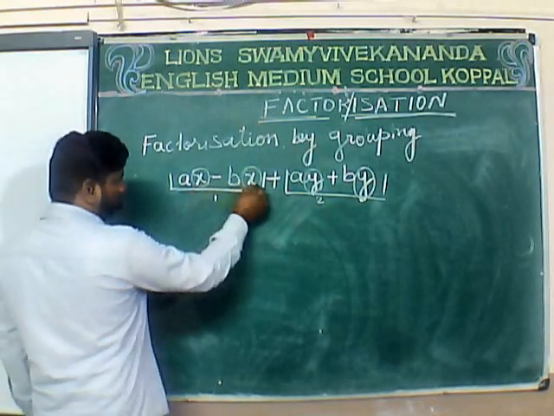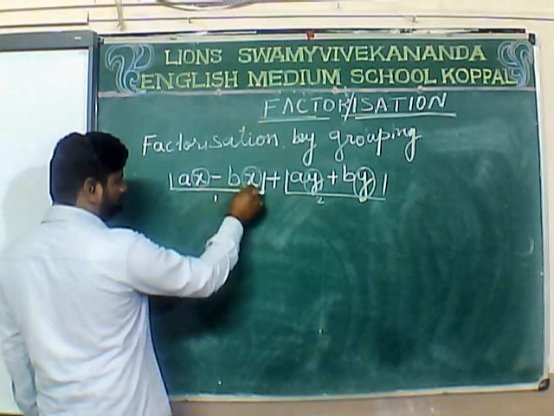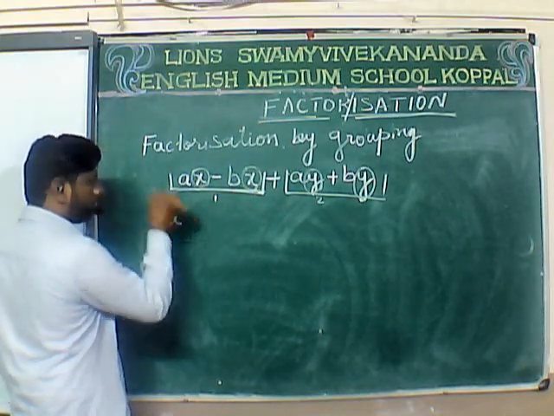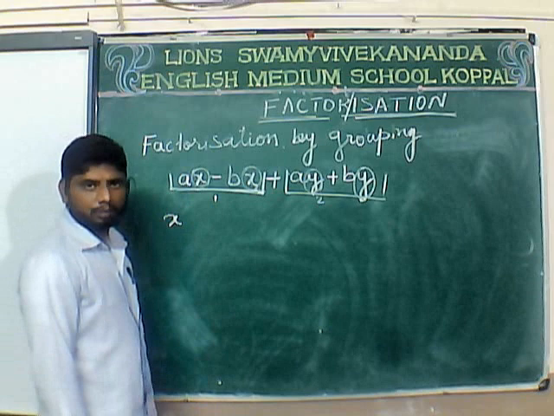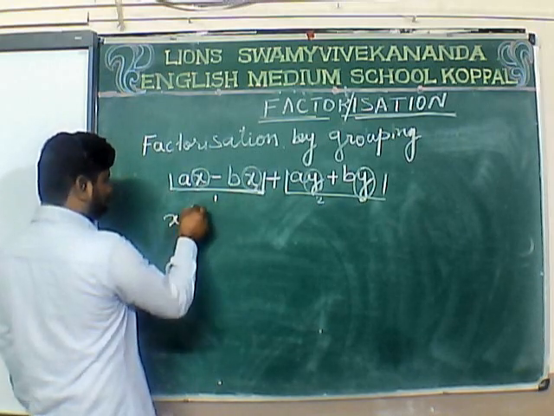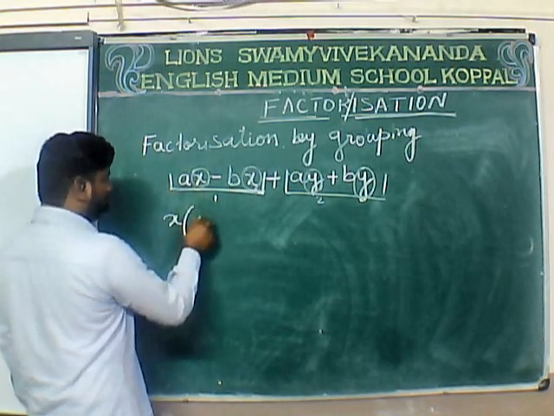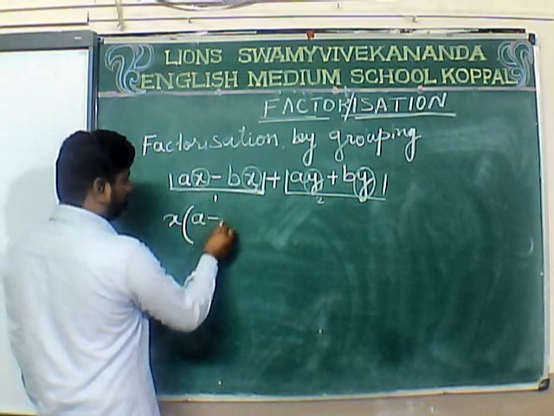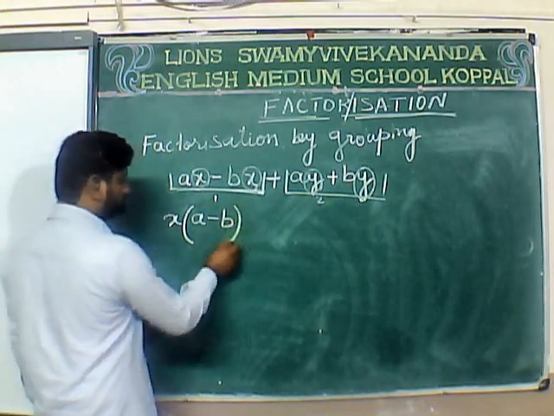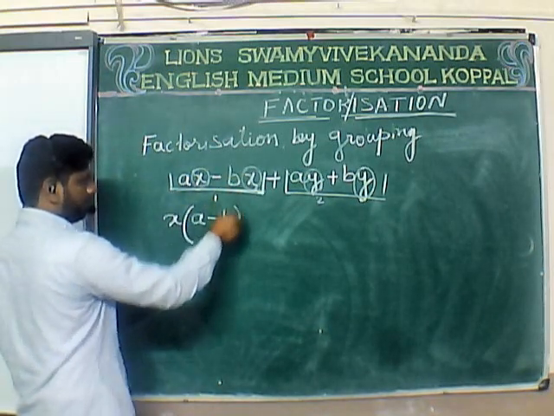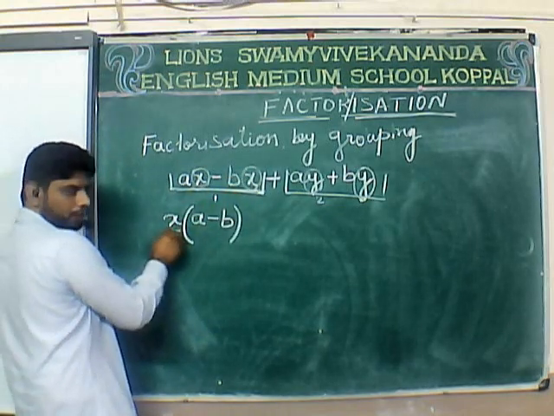Now what is common in both of these two terms? x is common in these two terms, so I took it common outside. What is left now? a minus b, because x we took common outside.